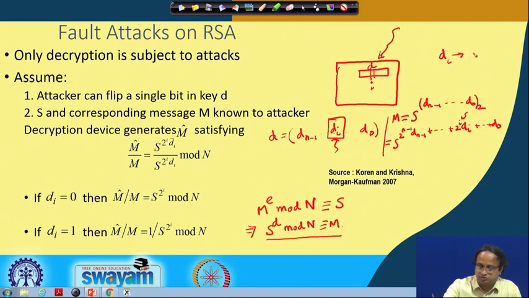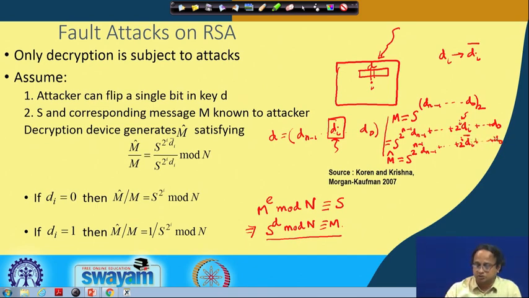It gets complemented, a 0 becomes 1 or a 1 becomes 0, and therefore, rather than getting M, the attacker gets M hat, which is nothing but S to the power of 2 to the power of n minus 1 D n minus 1. So, everything remains same except the ith bit becomes Di hat or Di complement, plus so on till D0.